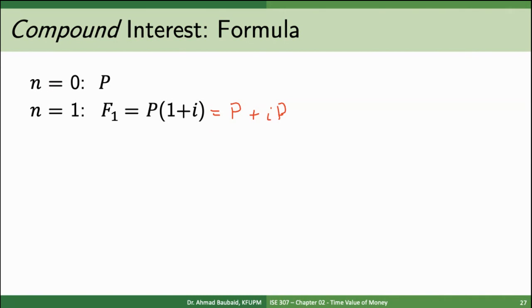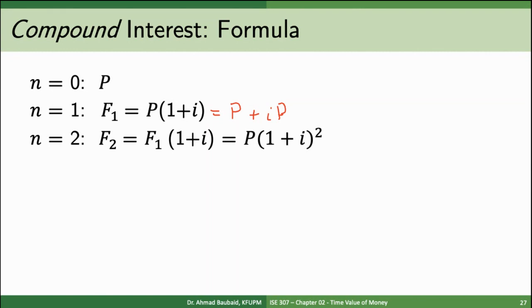IP, so it will be plus IP multiplied by IP. Another way we can do that is to apply the 1 plus I to the value that you got from F1, which is kind of what you were saying. Here it's maybe a little bit easier to follow, but it's the same thing, exactly right.